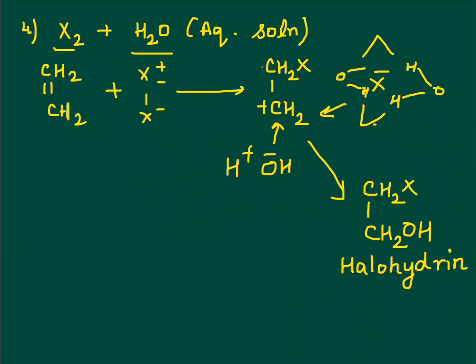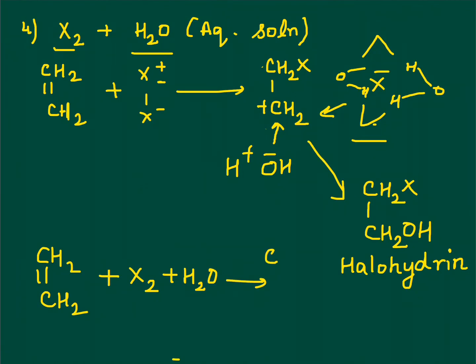Easy? No? Difficult? So let me write it more simply then. CH2 double bond CH2, instead of showing the halogen and the reaction with water in two different steps, usually we explain it to the students by this reaction, giving us CH2X, CH2OH.